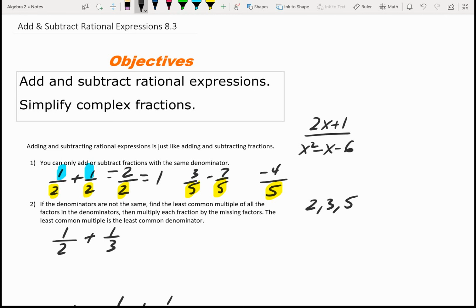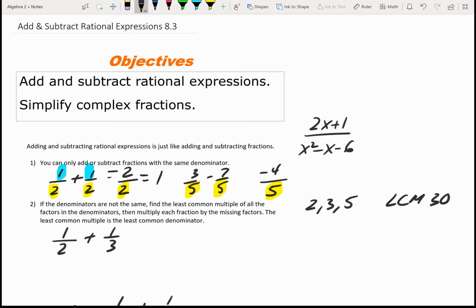One way you can find it, particularly if all the factors are prime, is to just multiply them. So 2 times 3 is 6, times 5 is 30. So the least common multiple would be 30. Again, the least common multiple is that number that you can divide by each of the prime factors, 2, 3, and 5.